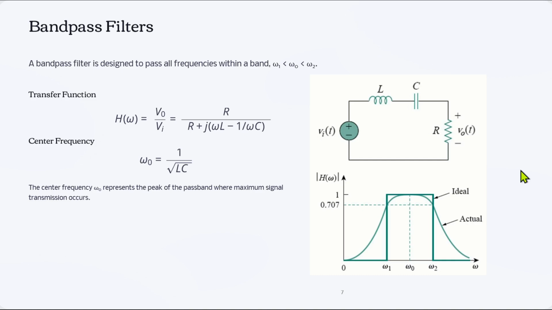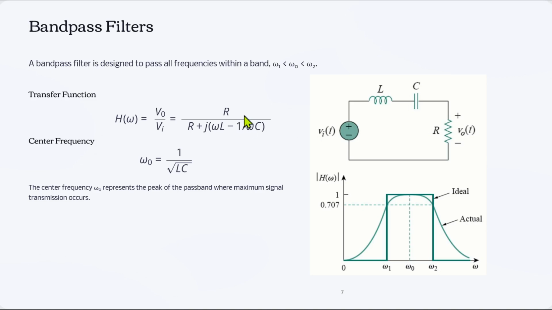So we can use the RLC circuit as a bandpass filter by considering the output across the resistance. If we plot the transfer function, it will be V naught by Vi.